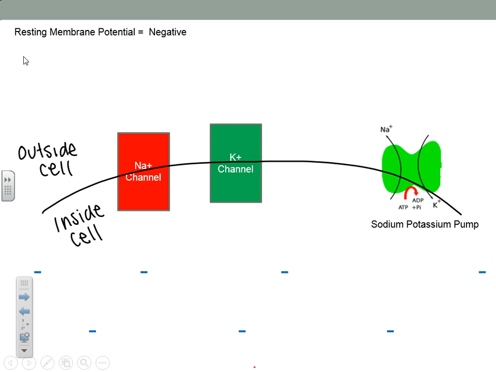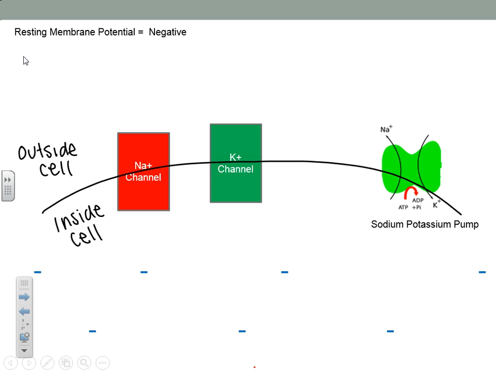All right, so I have these negative charges drawn in here for you. Those are going to represent those different ions, the ATP, the phosphates, the sulfates, organic acids, etc. Those negative charges are going to stay there because remember they can't move in or out of the cell.